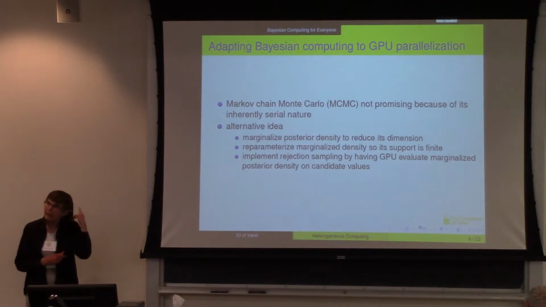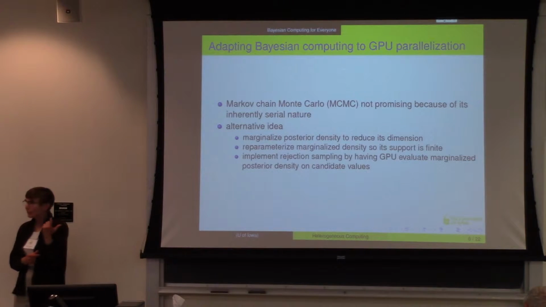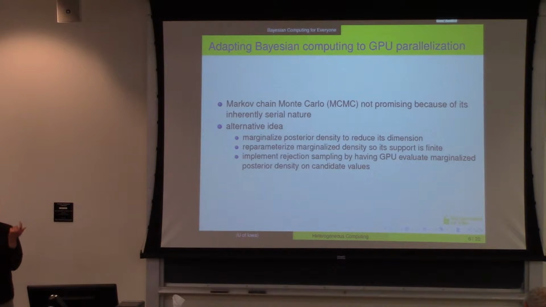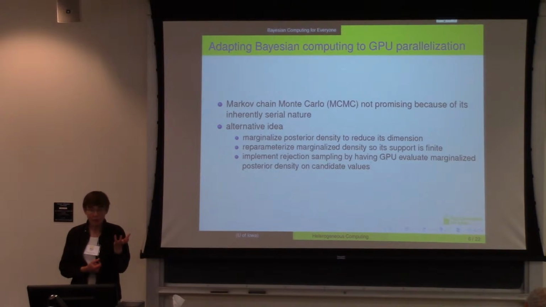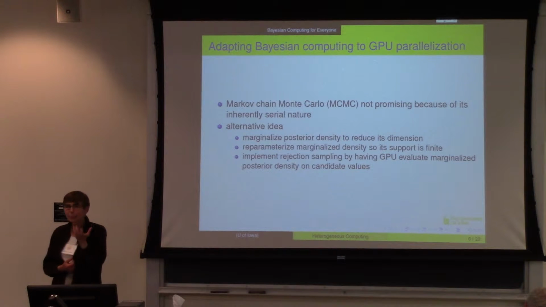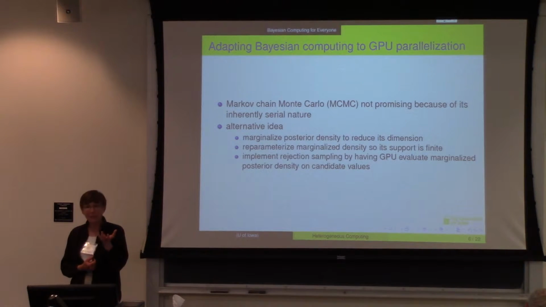All right. Now, let's think about adapting Bayesian computing to GPU parallelization. Obviously, the stalwart of Bayesian computation, Markov chain Monte Carlo, isn't a promising computational candidate because of its inherently serial nature. We need the results of iteration 1 before we can do iteration 2.